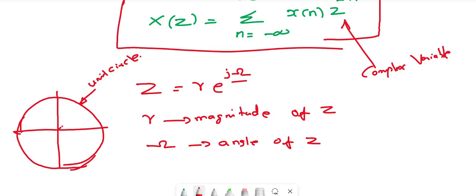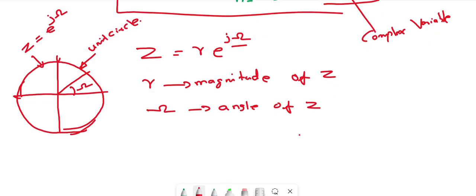So Z equals e power j omega: the magnitude will be 1 and the angle is omega.